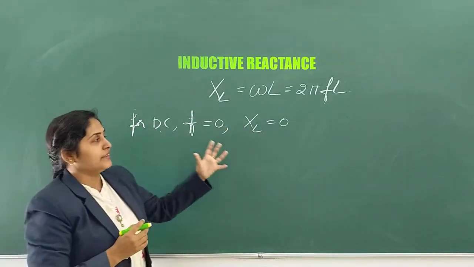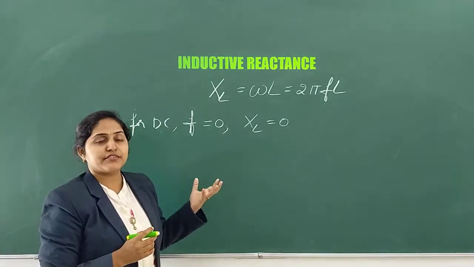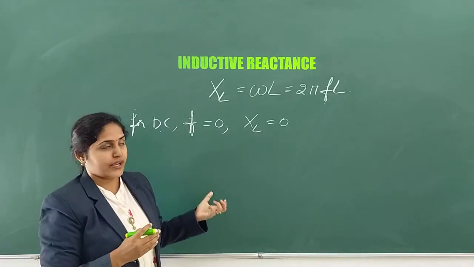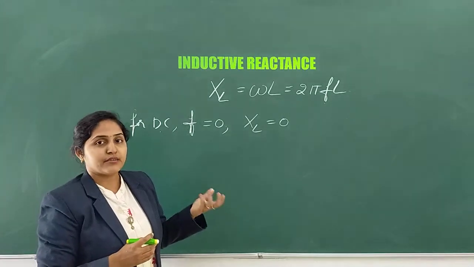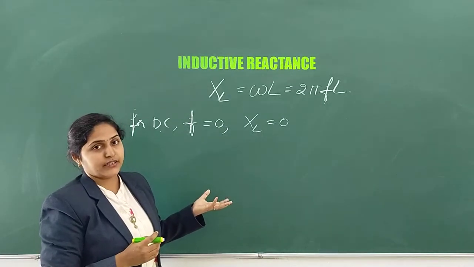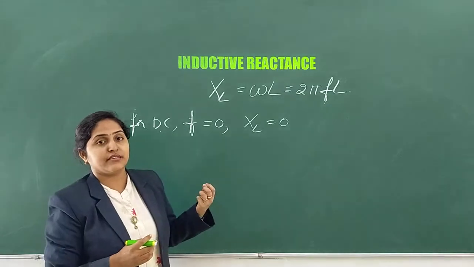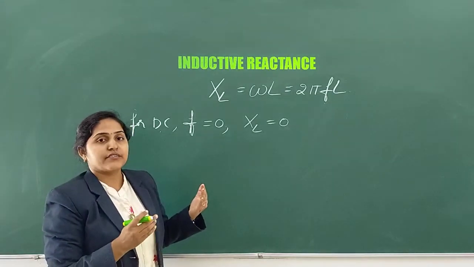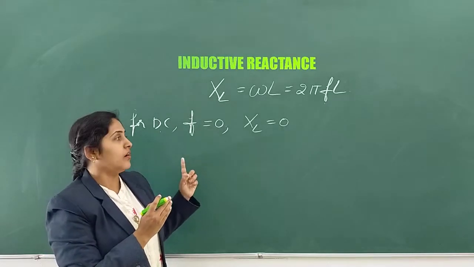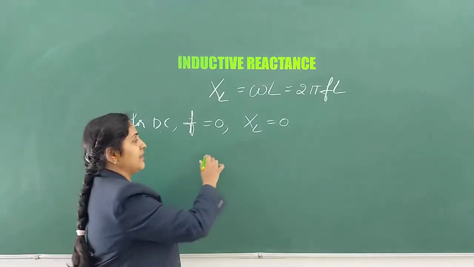That means the opposition or resistance is very low. Since the reactance is low, the current is maximum. So a pure inductor for direct current offers minimum reactance and allows direct current in a much higher value.